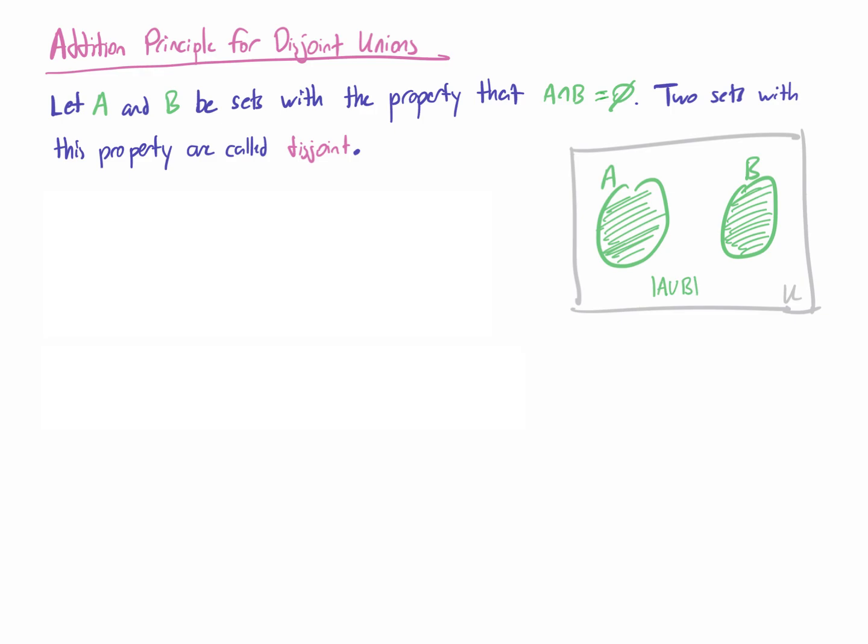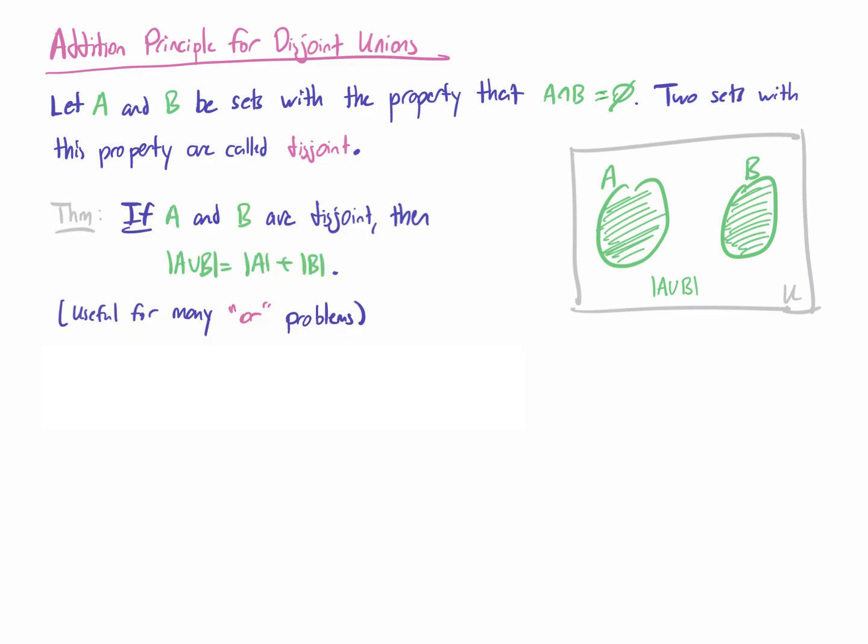And in this picture, if I want to know the green area, then it visually looks like I can just add together the area of A and the area of B. And this is indeed what the addition principle says.